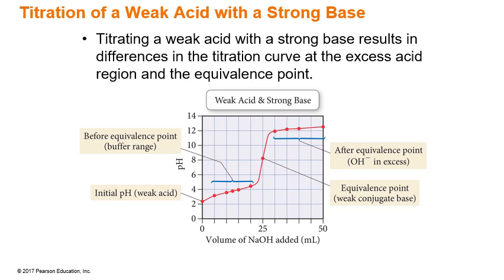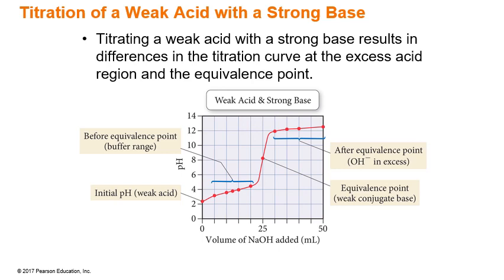Most commonly, what we use for titrations are weak acids with a strong base or a weak base with a strong acid. So when we're titrating a weak acid with a strong base, we do get some differences in our titration curve than we saw with the strong acid and strong base.